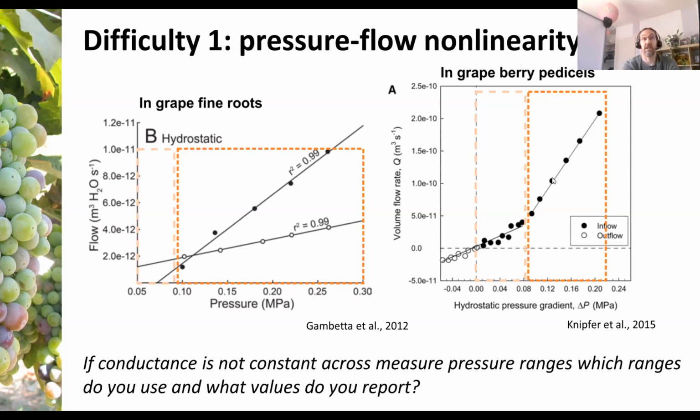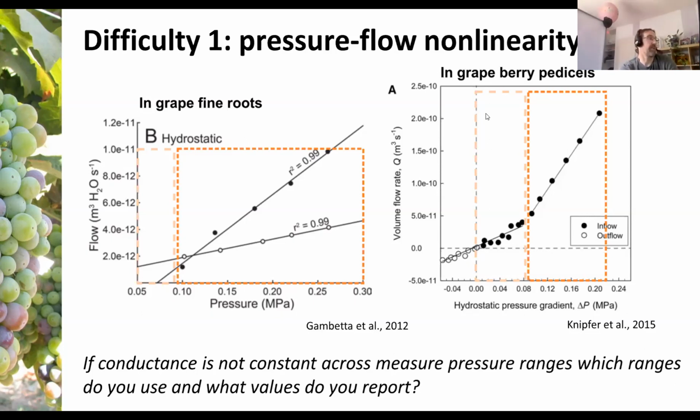If I take this slope, I get one conductance. If I take this slope, I get another conductance. So what do we do? In this work, we reported both, and we called them different things. But nevertheless, this does create issues.